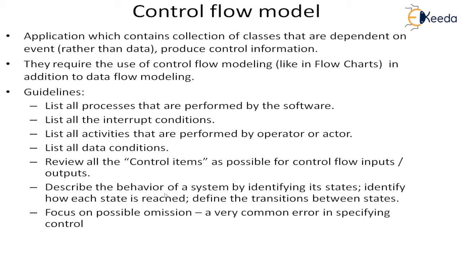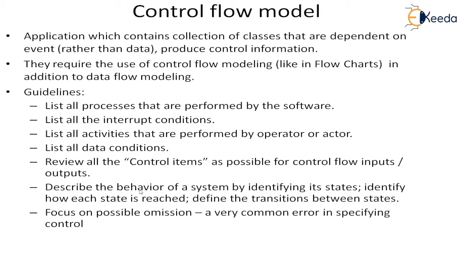Then describe the behavior of the system by identifying its states, identify how each state is reached, and define the transitions between these states. In control kind of applications, what happens? When the signal comes, the control items change. They were earlier in one state, and they change their state. So there is a state transition. The state diagram and the state transitions have to be modeled.